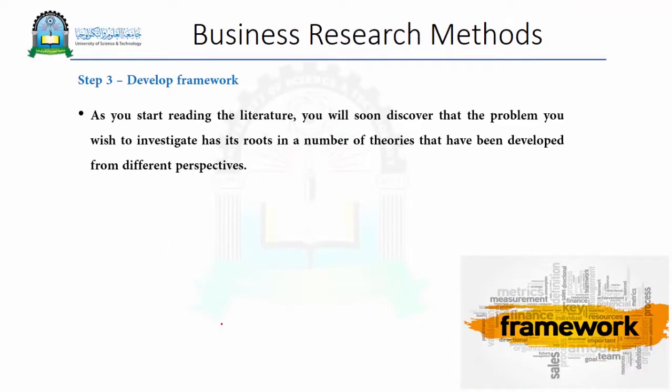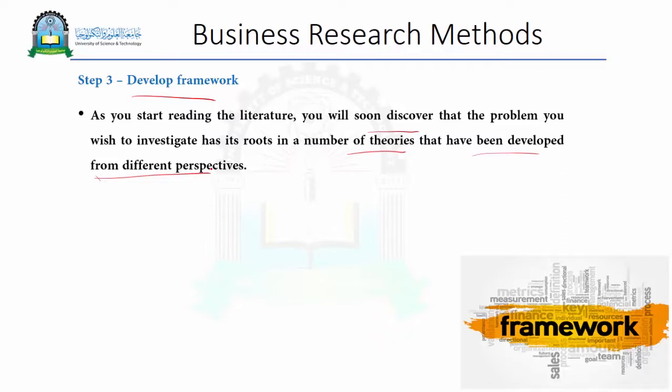So the third step when you review the literature is the development of the framework. As we know, we read in order to find out the gaps, and also in order to develop the research model of the research. So as you start reading the literature, you will soon discover that the problem you wish to investigate has its root in a number of theories that have been developed from different perspectives.